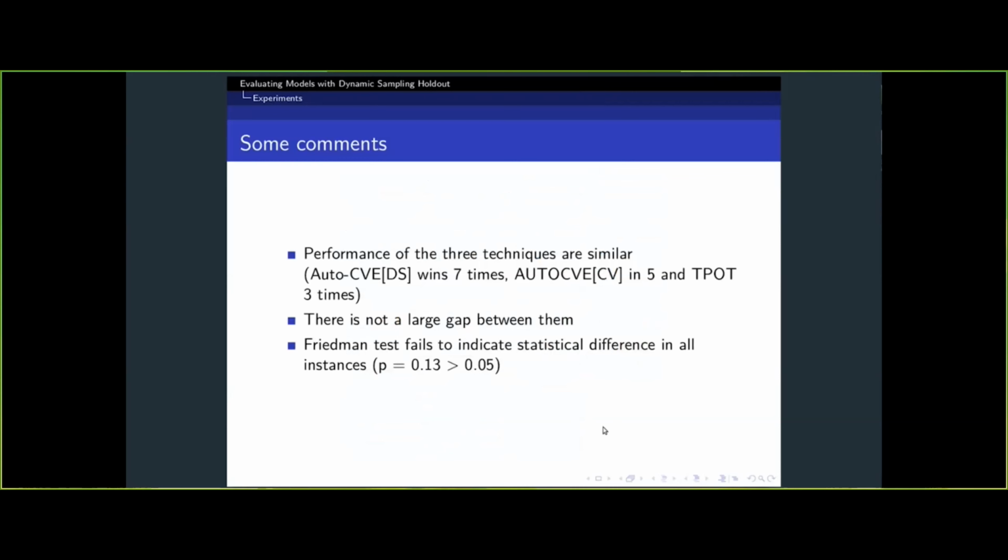So, some comments here. The first is that all the techniques are pretty similar with no large gap, and we performed a Friedman test to verify any statistical difference. The test failed, which goes toward this conclusion of similarity.